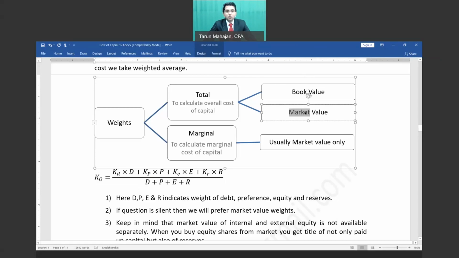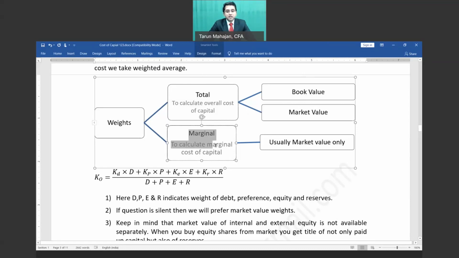Market value weights are always preferable over book value weights. Why? The reason is quite simple. You calculate cost using market value. Therefore, while assigning weight, you should also assign market value. That is the total cost of capital.